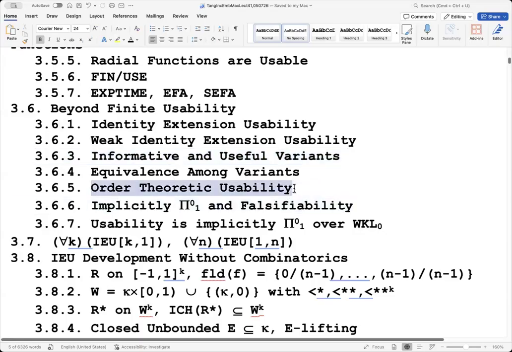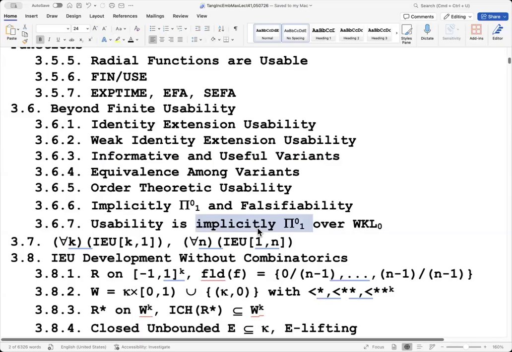Now, this is something I don't remember whether I had last time or not. Order theoretic usability. I want a general theorem that usability is implicitly Pi 0, 1 that applies not only to the functions that I work with in the detailed proofs, but for any order theoretic function.